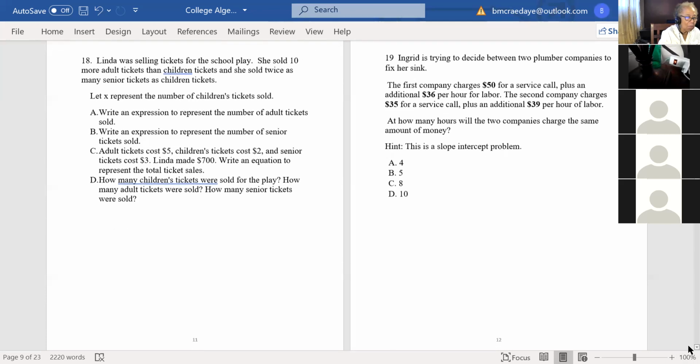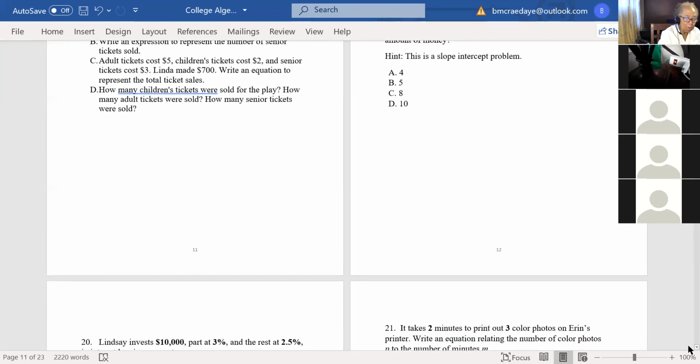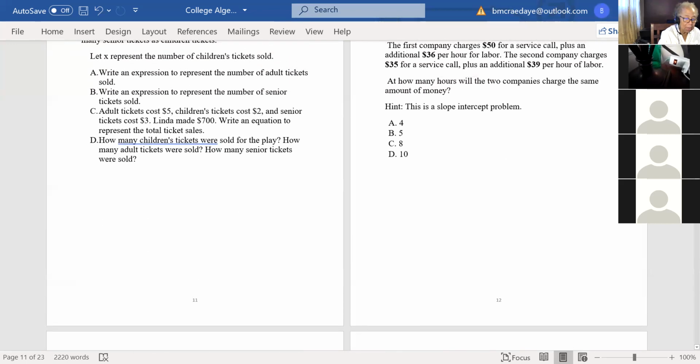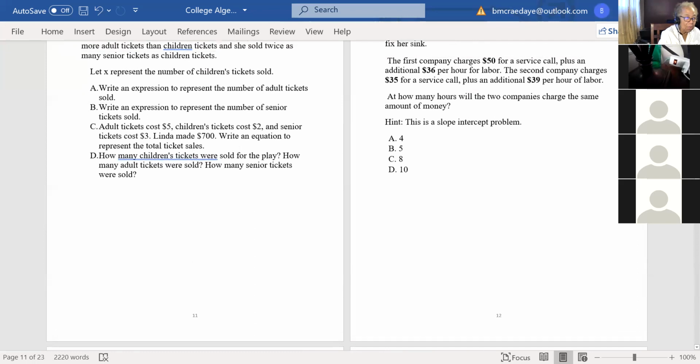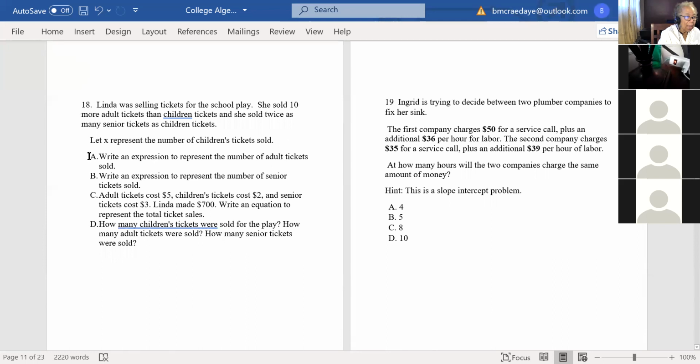This one really has several parts. In 18 you had to answer A, B, C, and D.